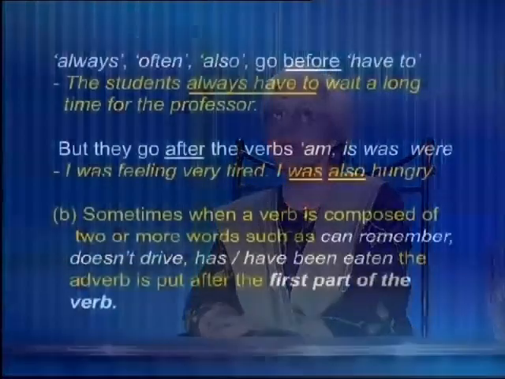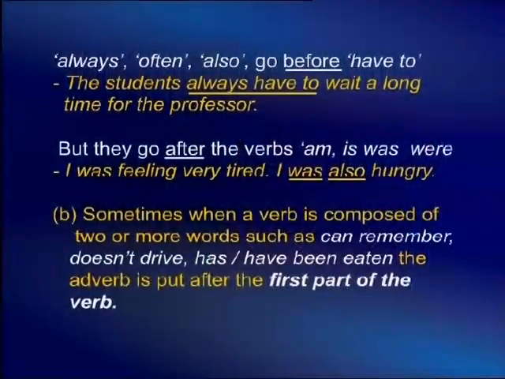Now, at the beginning I said that words like always, also, probably, they are generally put with the verb in the middle of a sentence. Now, always, often, also, they go before the verb have to.